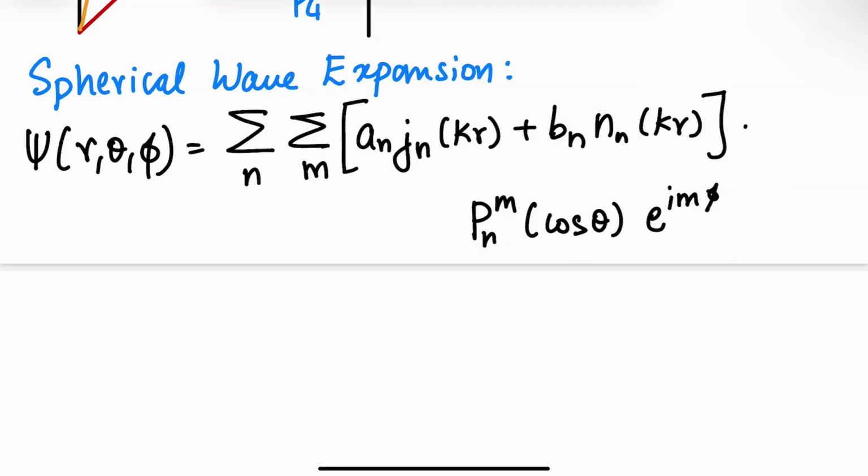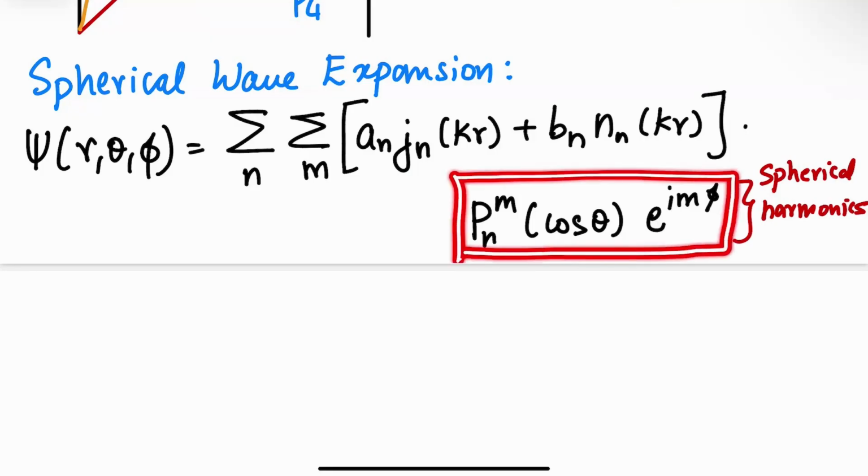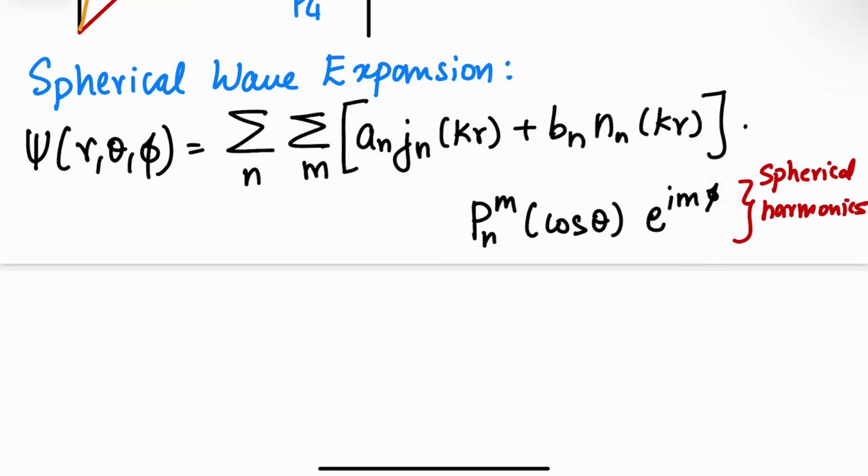So one more special case is this. These are called spherical harmonics. They're called spherical harmonics because these functions actually, just this part, the theta and phi dependence, the associated Legendre polynomial and the e to the im phi, these form a basis for any function that lies on a sphere.